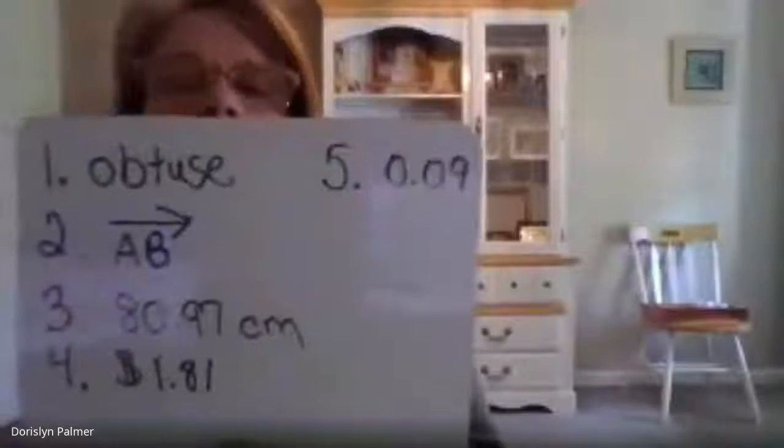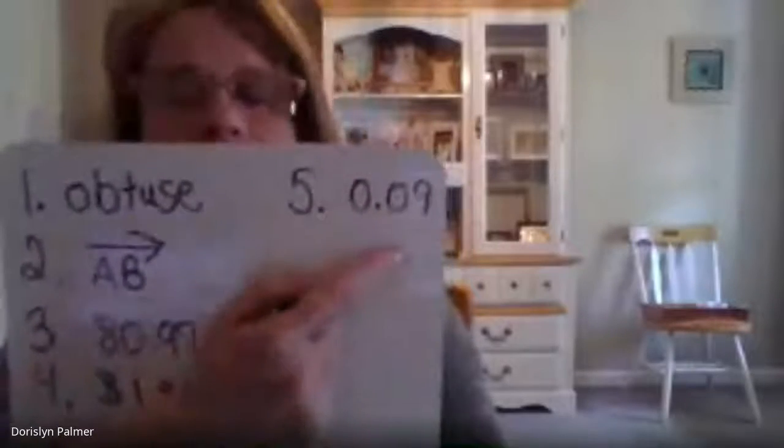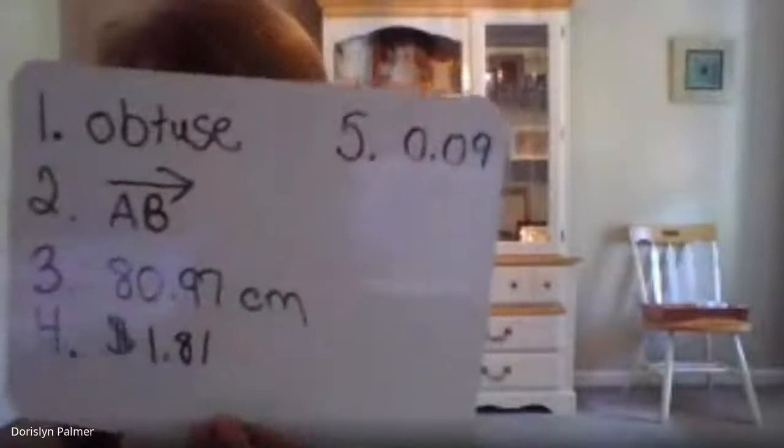How do I write 9/100ths as a decimal? 0.90? Not 0.90 because I only want 9. So 0.9. 0.09. We want the 9 to be in the hundredths place. 9/100. 0.09.